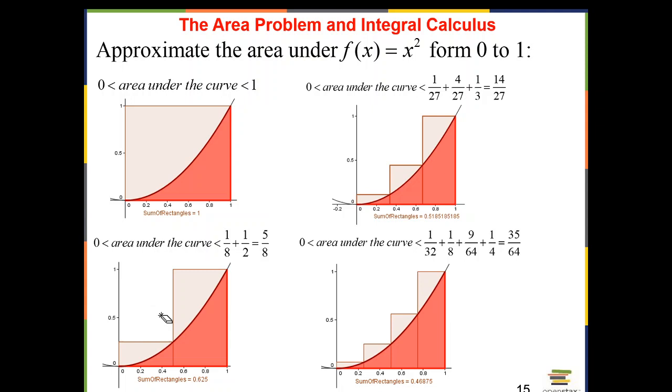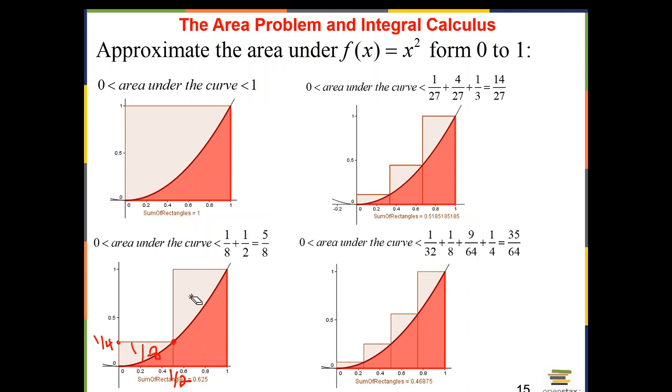How can we make it better? Well, we can divide it into 2 parts. So we go to 0.5 over here, 1/2. And we say, okay, at 1/2, what's that y coordinate right there? Well, that y coordinate is 1/4, because 1/2 squared is 1/4. So what's the area of this little triangle? Well, it's 1/2 times 1/4, which is 1/8, right?